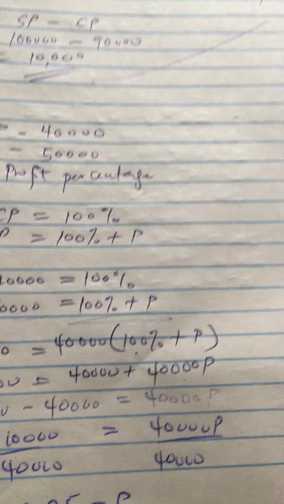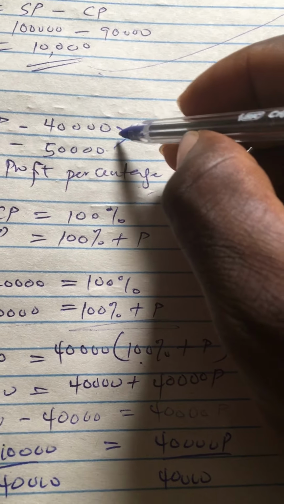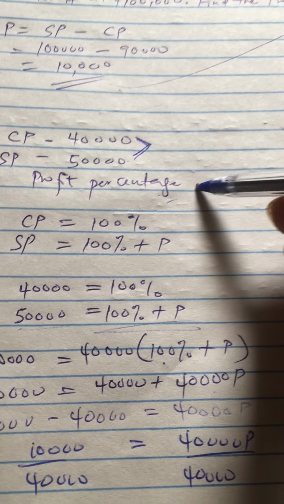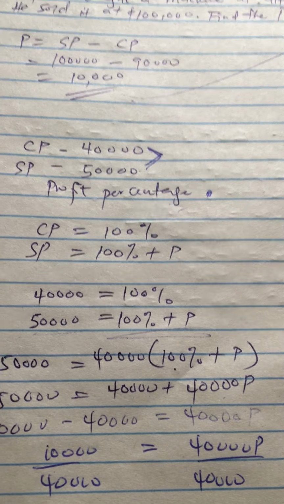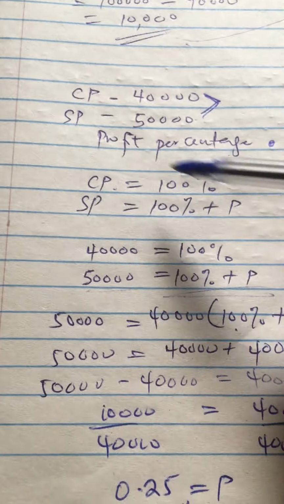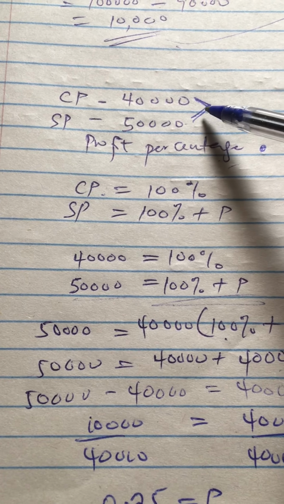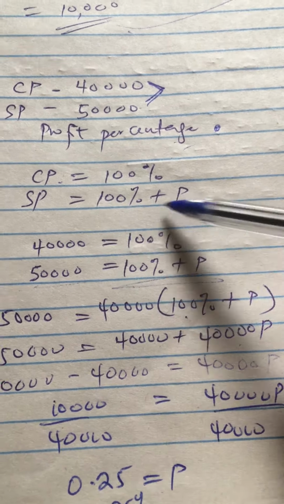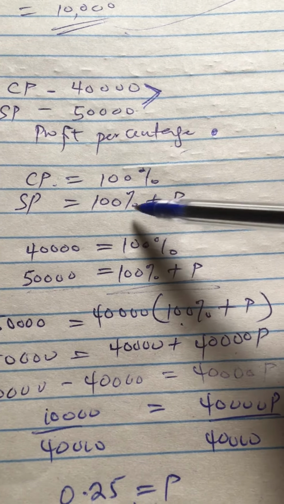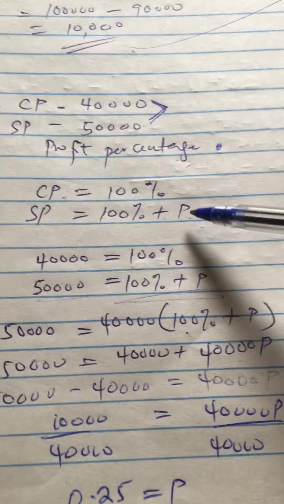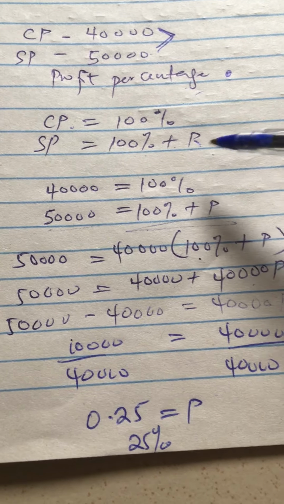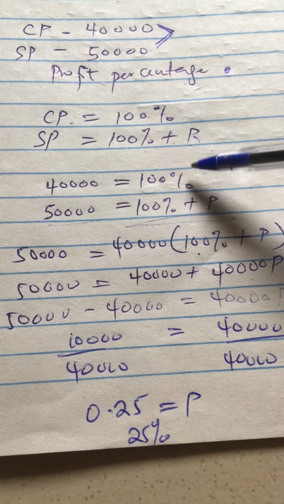So if you look at it, you realize that they made a profit of 10,000. Now they're asking you to find the profit percentage. Now you know our cost price is always 100%. Since we made a profit, our selling price will be 100 plus P. If you had made a loss, it would have been 100 minus L. And so our cost price of 40,000 is equal to 100%.